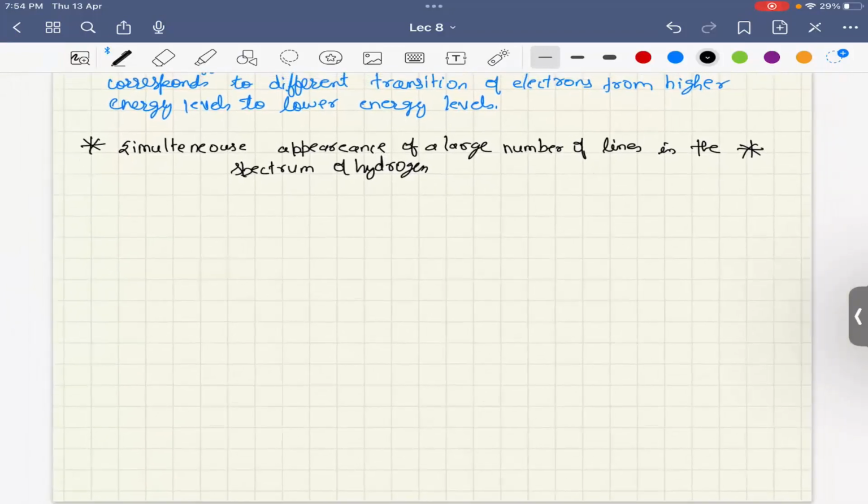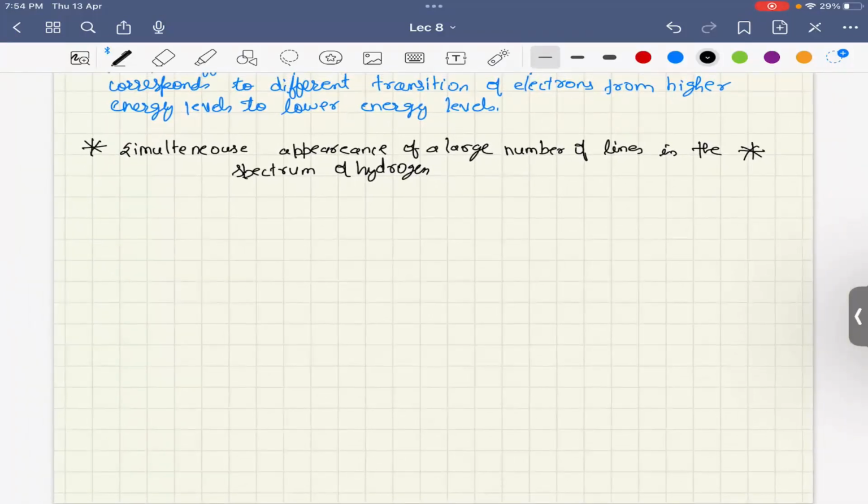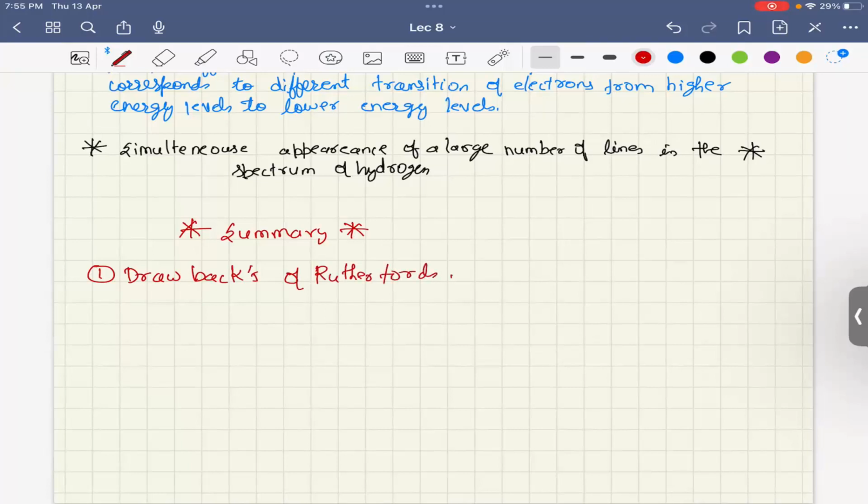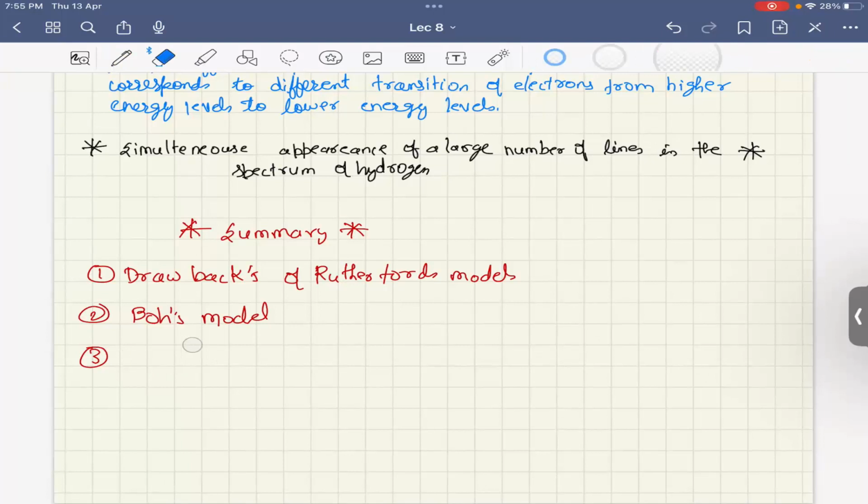So we conclude our lecture here. In this class we have seen the drawbacks of Rutherford's model. Then we studied Bohr's model and the postulates of Bohr's model.